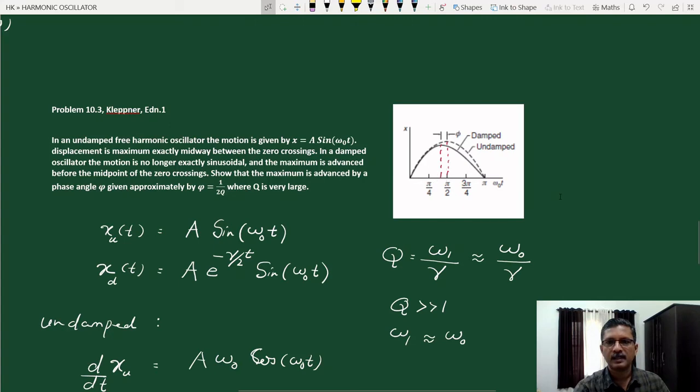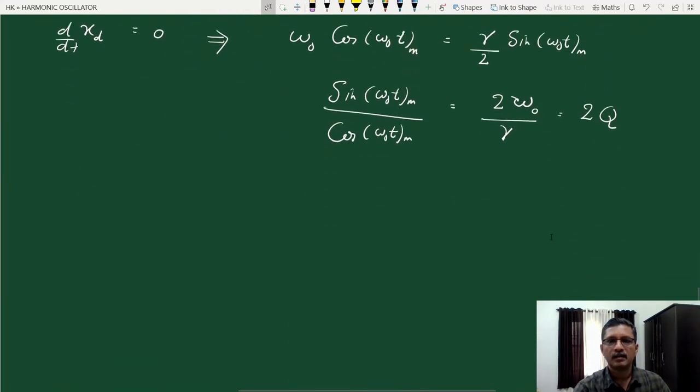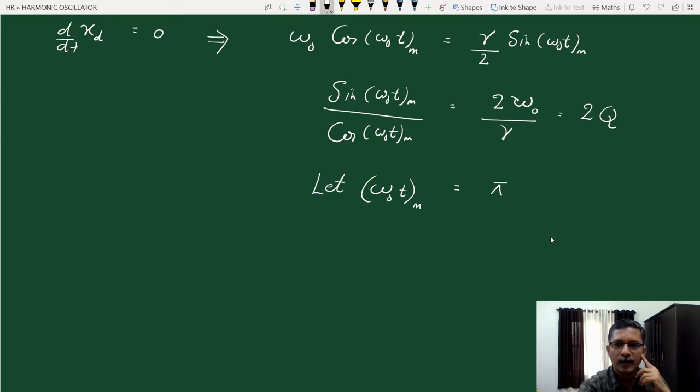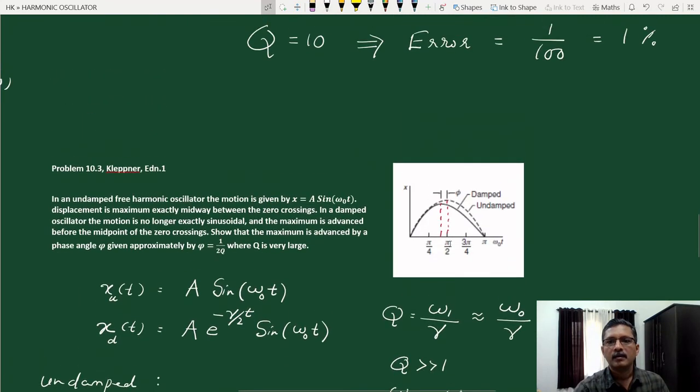So let omega 0 t, the angle at which the undamped oscillator displacement becomes maximum, be equal to pi by 2 minus phi. Is this clear from the figure? The angle at which the undamped oscillator becomes maximum is pi by 2.